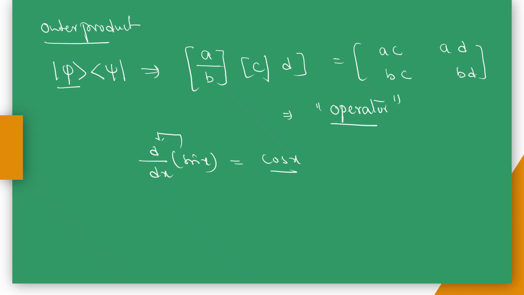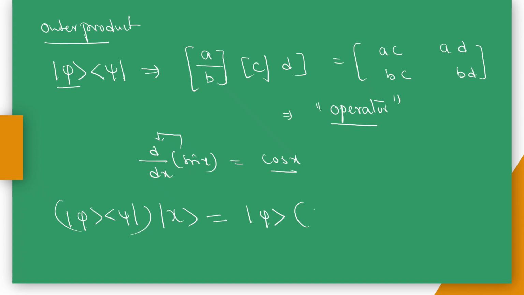Similarly, the outer product acts like an operator. For example, here this operator, the outer product, operates on the function chi, which is equivalent to this phi.